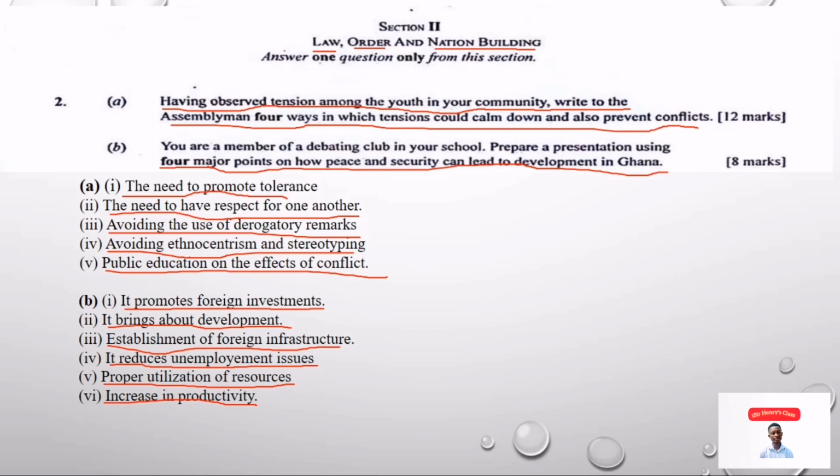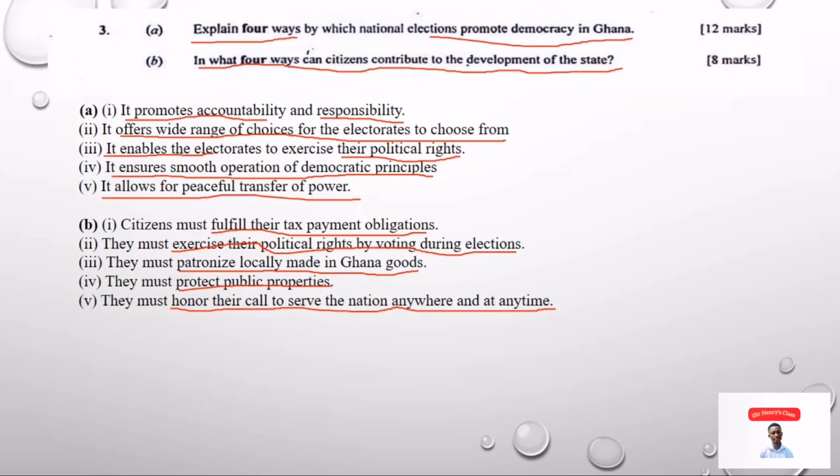So when there is peace, people are unified. There is national integration. It would ensure that we work together to promote the development of the country, and this will lead to higher productivity. Now we are done with number 2. Let us transition to number 3.